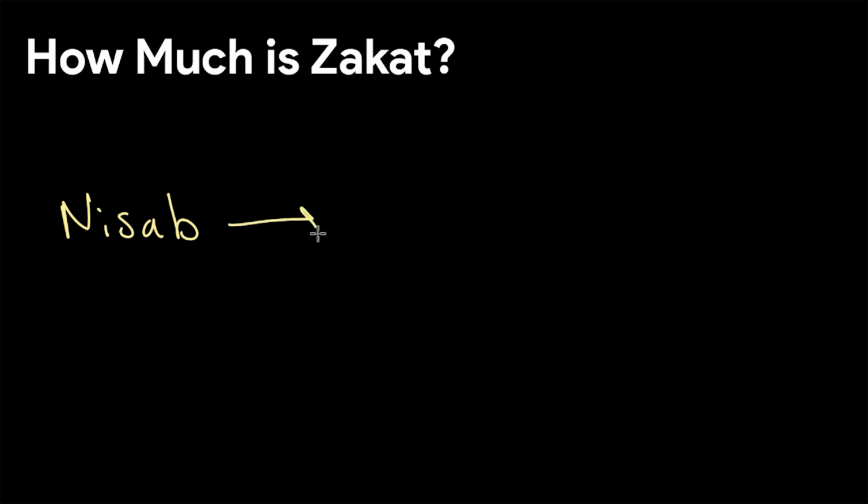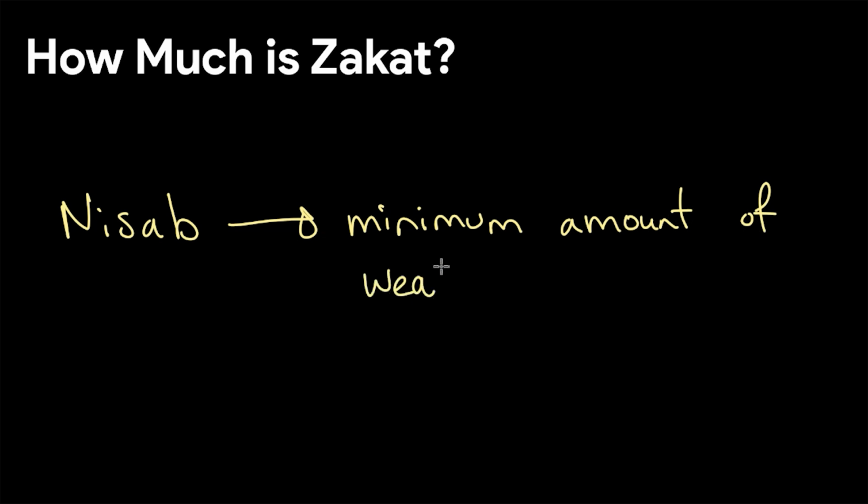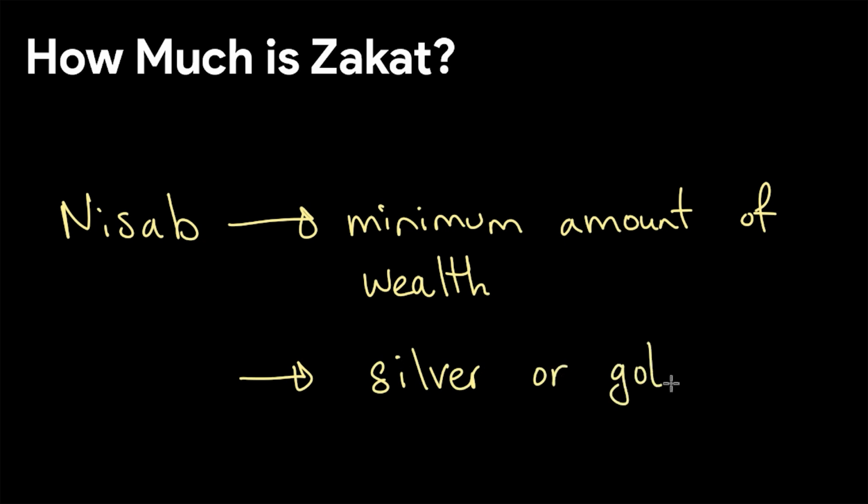The Nisab threshold is the minimum amount of wealth a Muslim must have before they are obligated to pay zakat, and it's calculated based on the value of silver or gold.